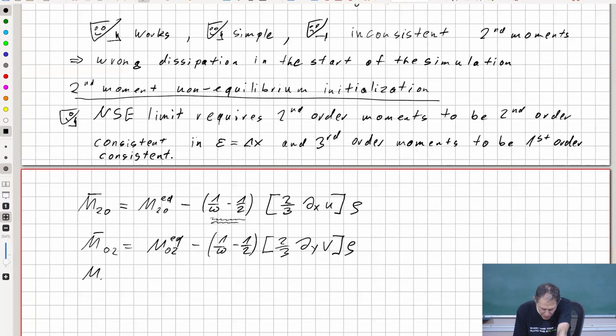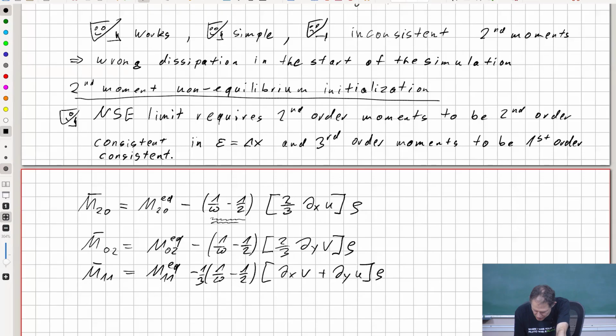And then the third one, m11, is equal to m11 equilibrium minus 1 over omega minus 1/2, times 1/3, dx v plus dy u, times rho.